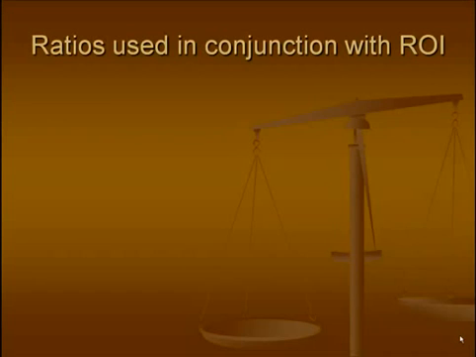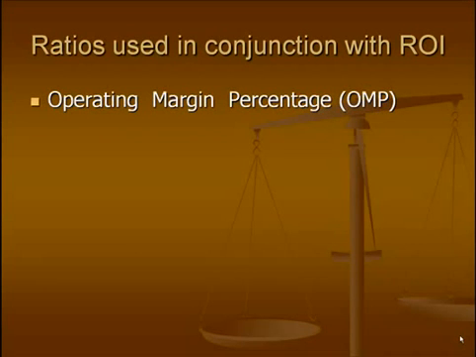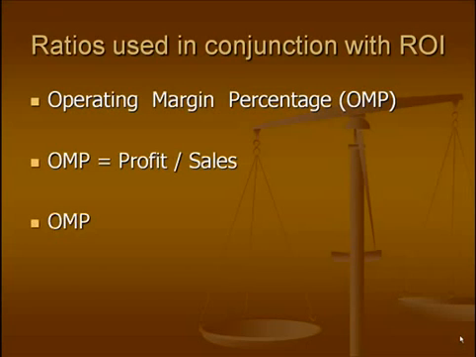The ratios are operating margin percentage, which goes as OMP. The formula for this ratio is profit over sales. OMP tells you a vital piece of information.